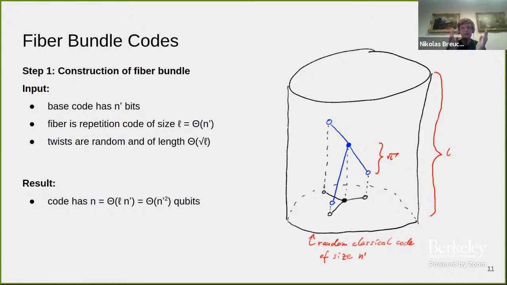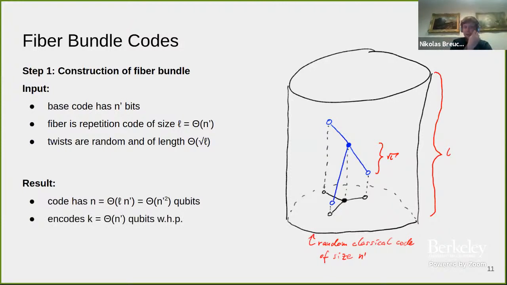So the idea here, I'm trying to make this very intuitive, is we just took a product between the base code, which is just this disk, and we take a fiber, which introduces the z direction. So these things just multiply.